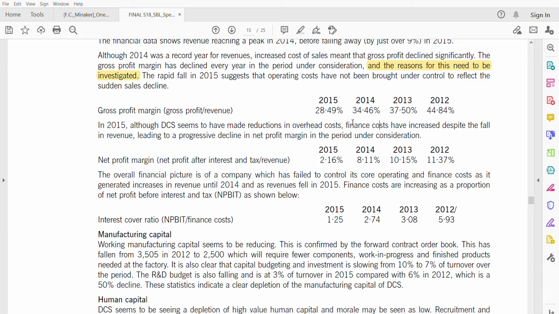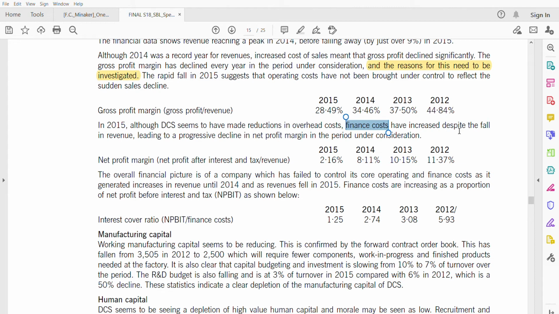This is a very, very important thing. You need to analyze very critically. Don't just go line by line. You are given sales, cost of sales, gross profit, and line by line you are saying this increased, this decreased, this increased, this decreased. Don't do that. Can you just say it in two lines? Just two lines. They are explaining everything.